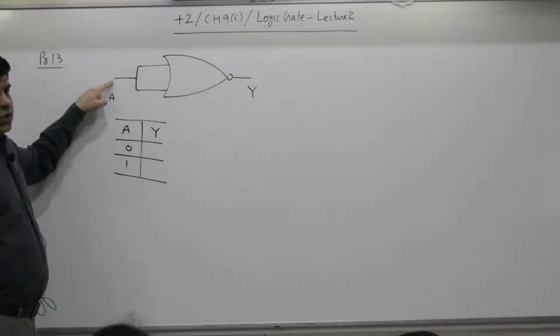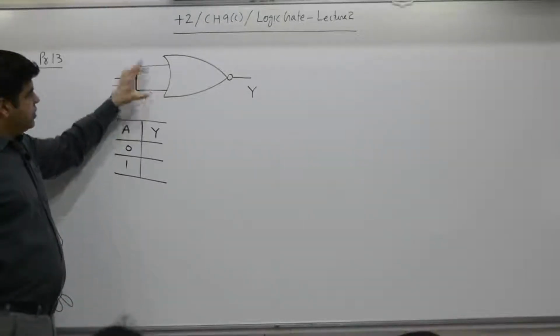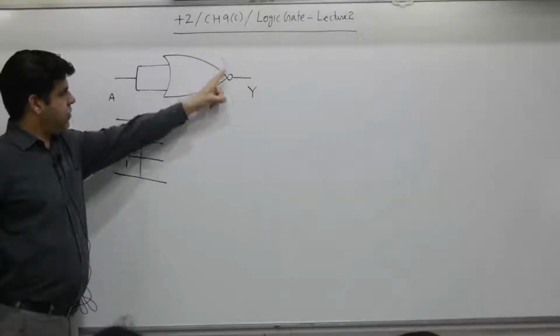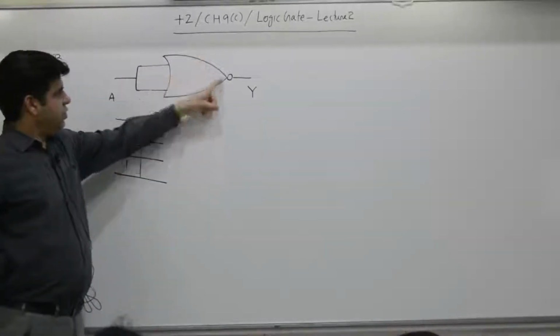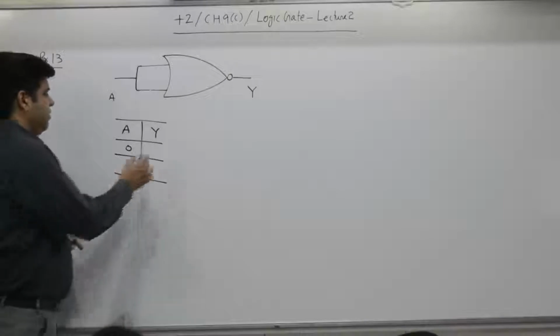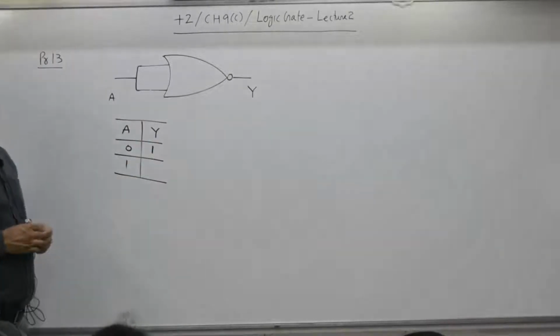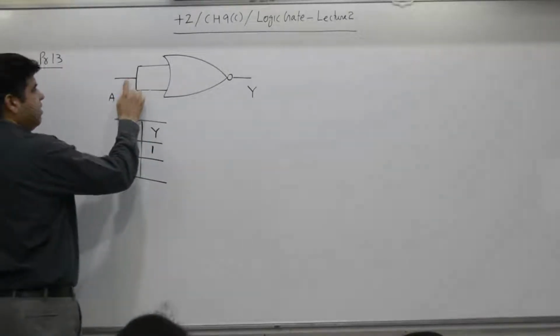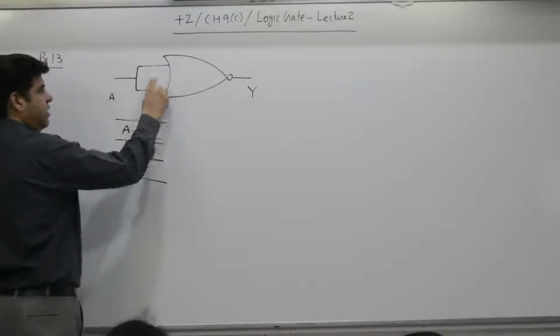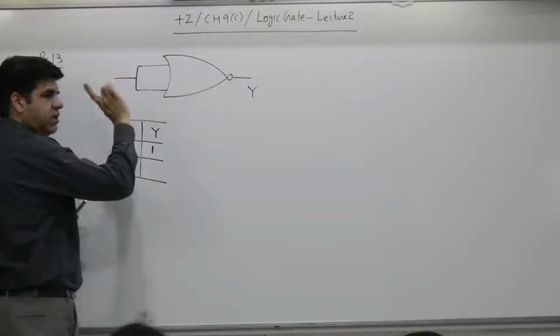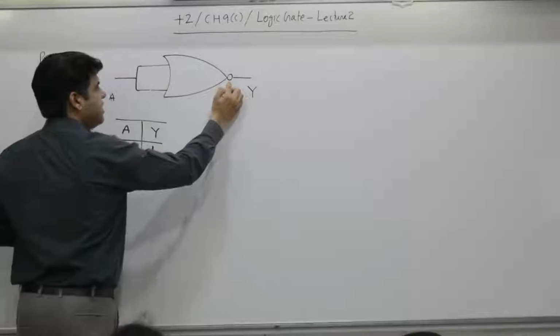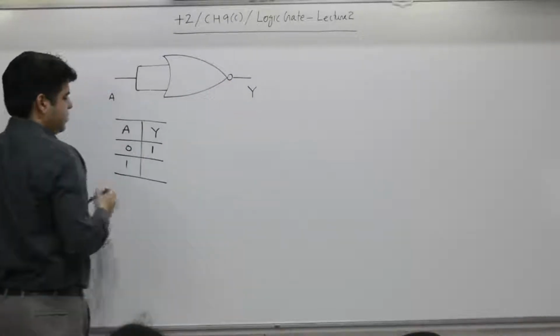Input suppose is 0. Here also 0. 0 ORed with 0 gives 0, then NOT operation gives 1. If you give 1 and 1, 1 ORed with 1 is 1, and then the NOT operation gives 0.